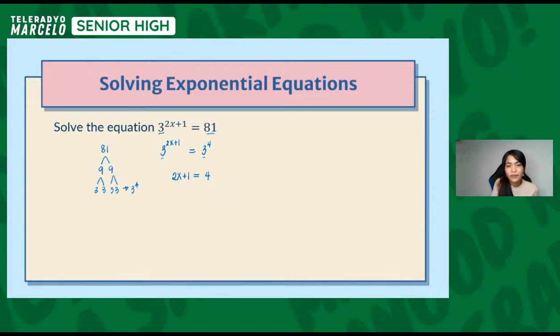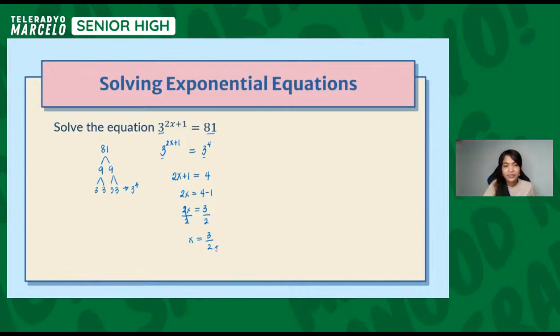We just copied the exponent and equate it with each other. And from here, we can solve the value of x. That is 2x equals 4 transpose positive 1. That will be negative 1. So we will have 2x equals 3. We can divide both sides by 2 to get the value of x. Therefore, x will be 3 over 2. So that's simple.